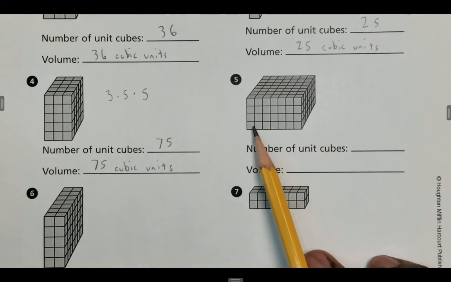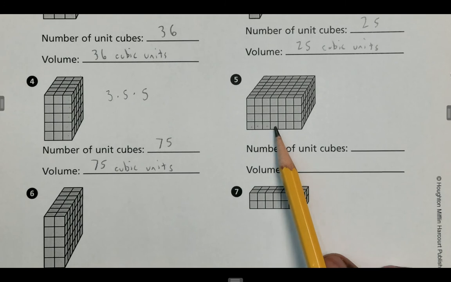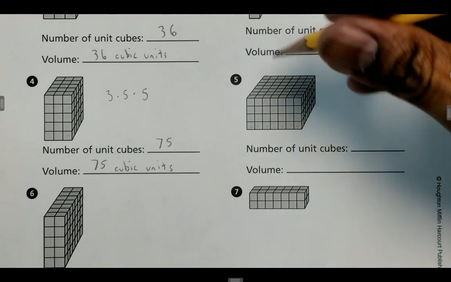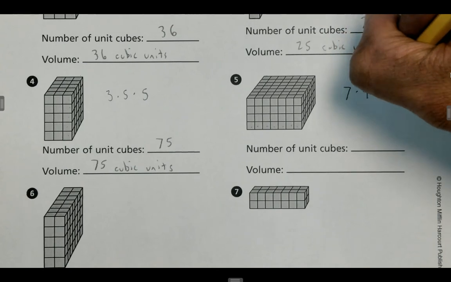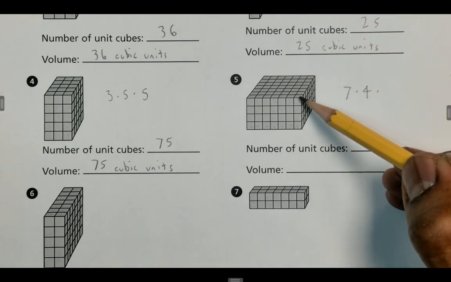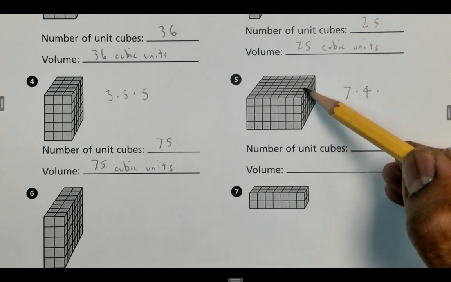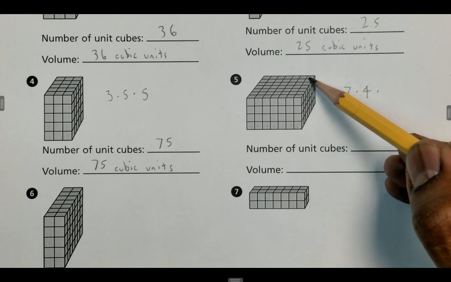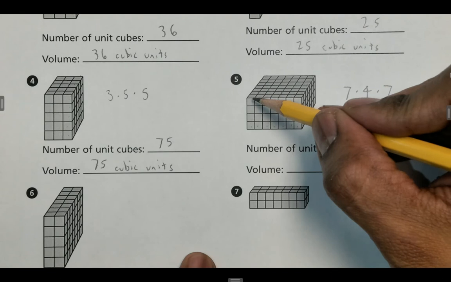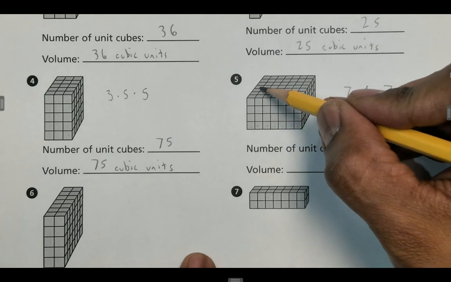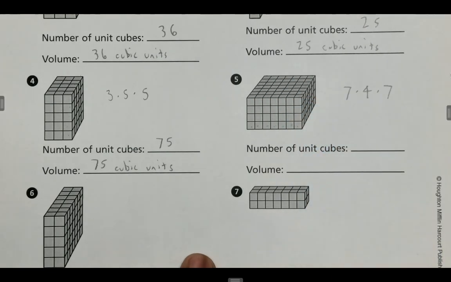Number of unit cubes, let's see. 7 across, times 4 high, times how deep is this? I think it's 7 deep. I'm going to double check that. 1, 2, 3, 4, 5, 6, 7. Yeah. Okay.